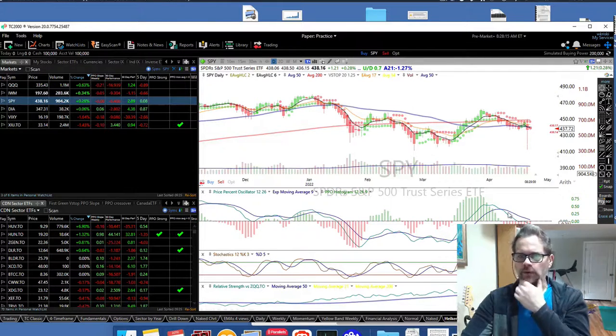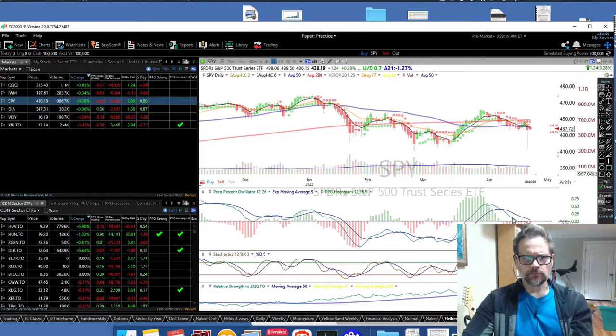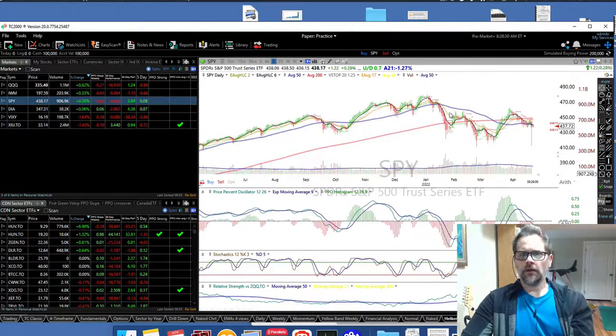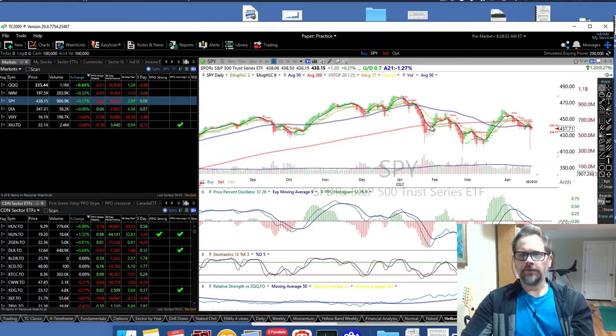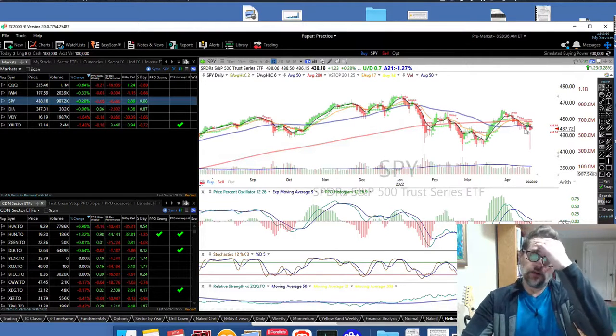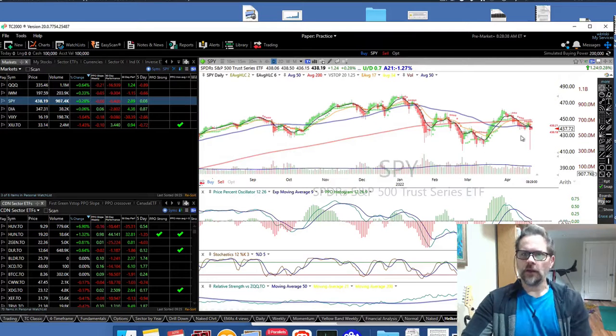And now we have downward sloping momentum here. So it's not a great situation, definitely for shorter term trading. A lot of times when you're below the 50, you'll hit off of the 50 or the 200. And so anyway, it's in this declining state.